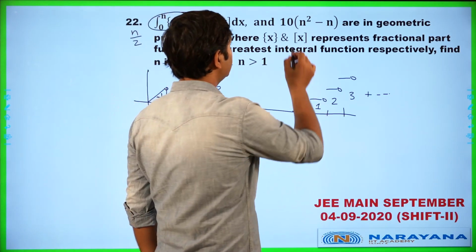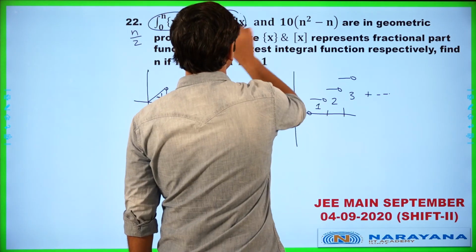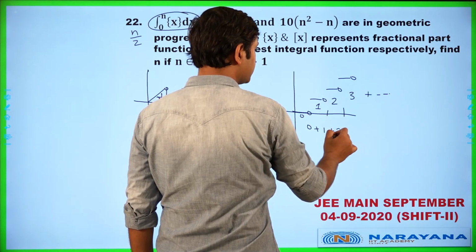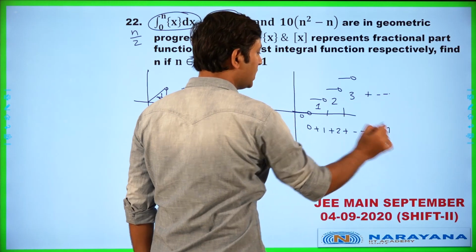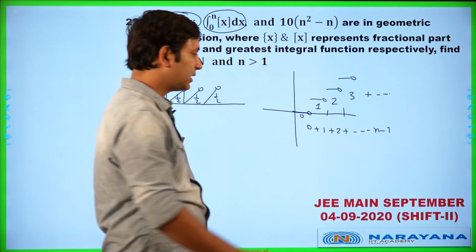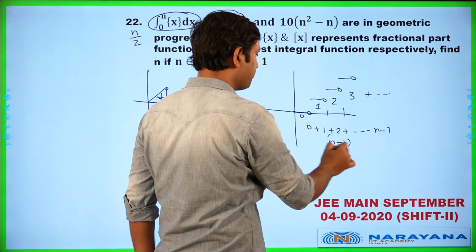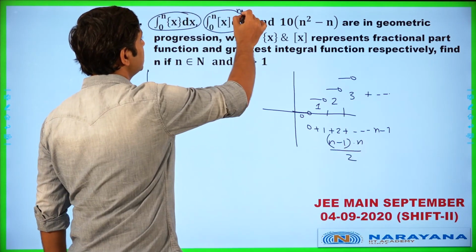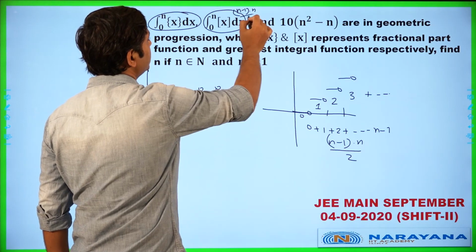So this term is simply 0 plus 1 plus 2 plus dot dot dot n minus 1, which is nothing but (n minus 1) into n by 2. This term is (n minus 1) into n by 2.